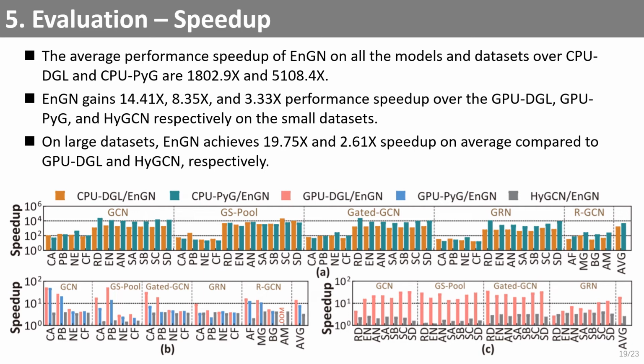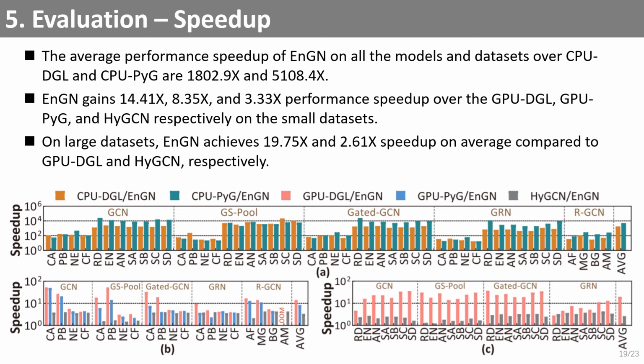EnGN gains about 48 and 3 performance speedup over the GPU DGL, GPU PYG, and HyGCN respectively on the small dataset. On the larger dataset, EnGN achieves about 19 and 2.61 speedup on average compared to GPU DGL and HyGCN respectively.